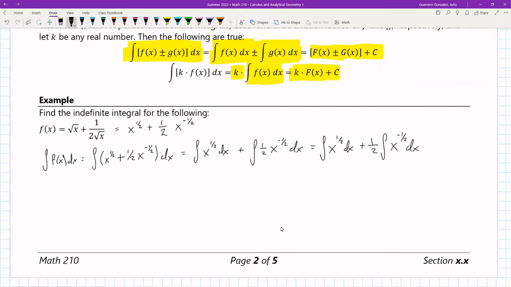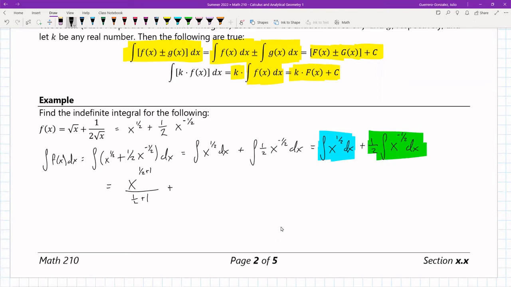Okay. So now I'm going to go ahead and do the integral. So the first one that I'm going to do is this one. And according to the rule, that exponent is not equal to -1, so I can go ahead and do that power rule. So it's going to be x to the 1/2 plus 1 over 1/2 plus 1, plus, now I'm going to do this other integral back here.